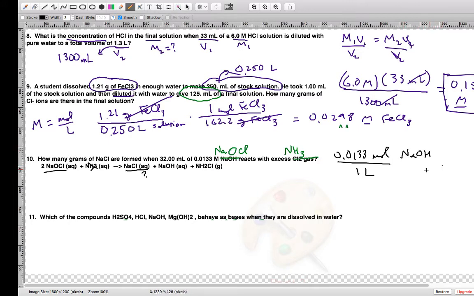Now, I want to remove the liters. I know this is 0.032 liters. You can do the conversion yourself on the page or on a piece of scratch paper if you like. And then liters cancel out and I get a certain number of moles.